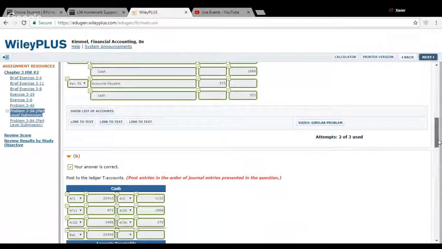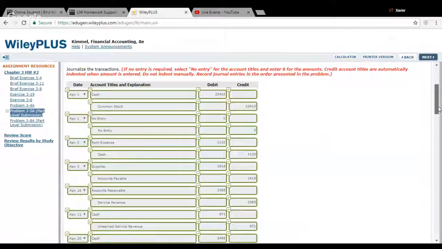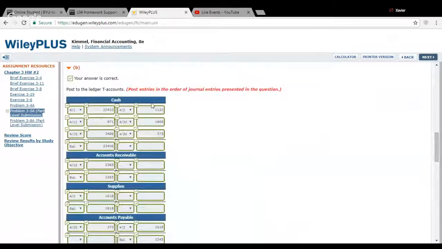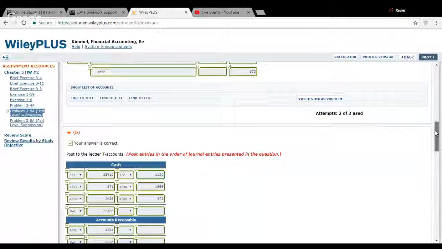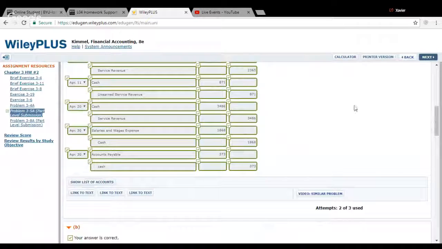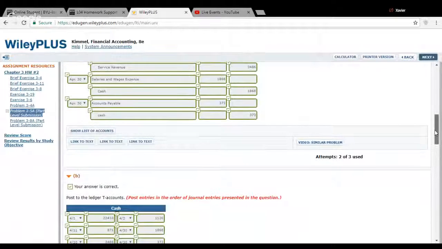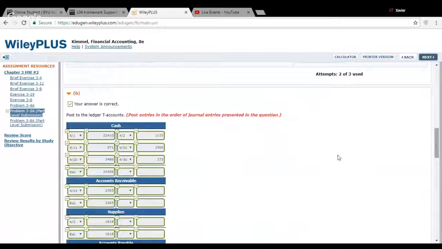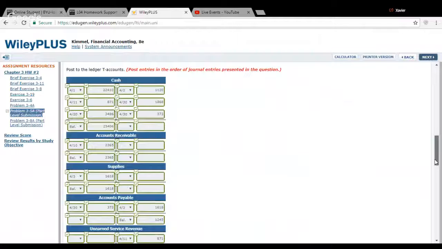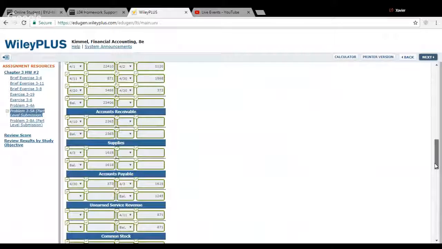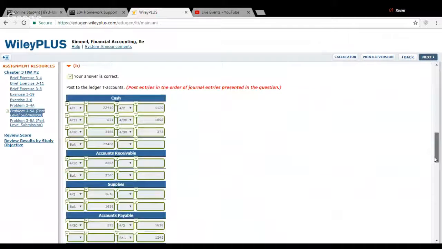April 2nd, we credited cash. We're going to log it on the next line for the credit. April 11th is the next one that we stumble upon for cash, and April 11th says we credit cash for $871. And we're going to continue in that pattern.